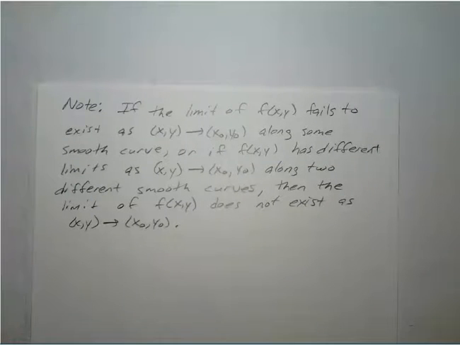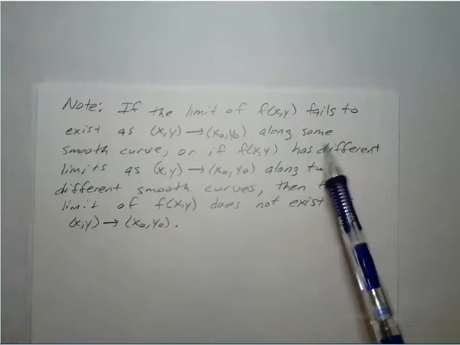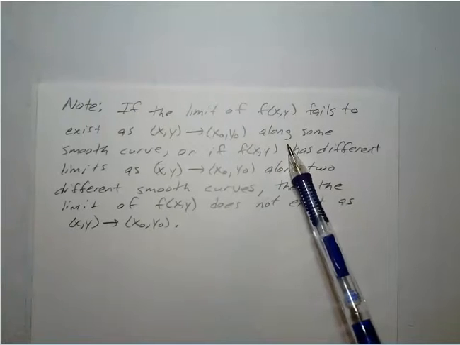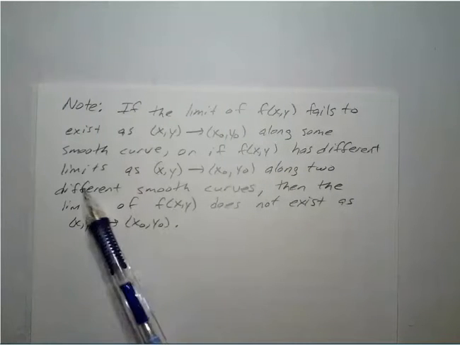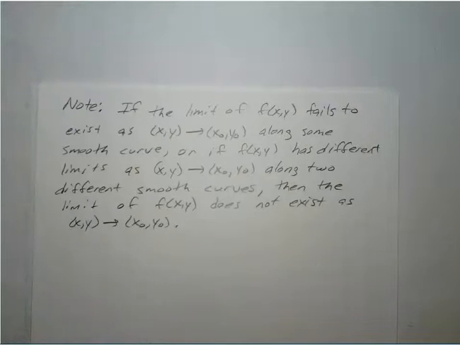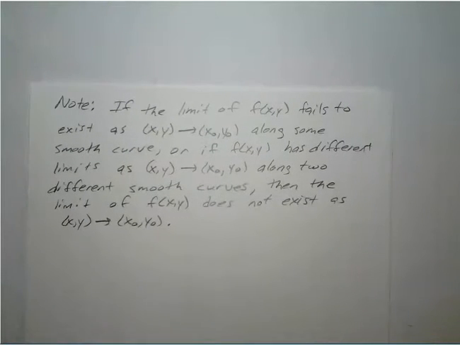All right, so really all this means is that if you calculate the limit and it goes to negative infinity or positive infinity, the limit doesn't exist. If you approach the same point and you get two different values, that limit does not exist. So that's really all this is saying. And I'll give you a quick example. We already saw one where it approached negative infinity.